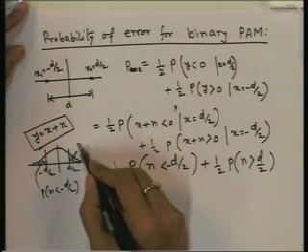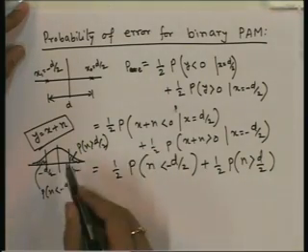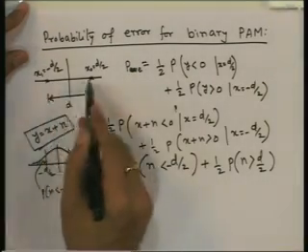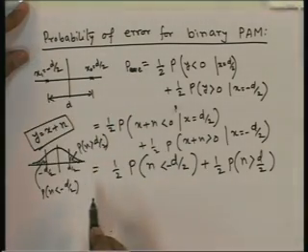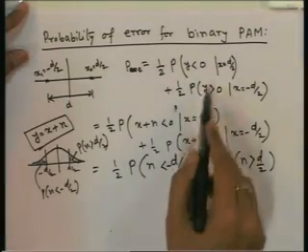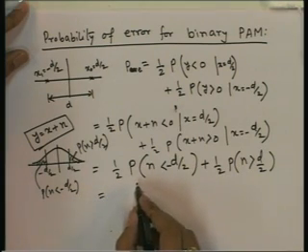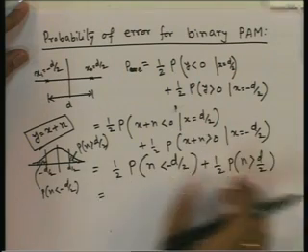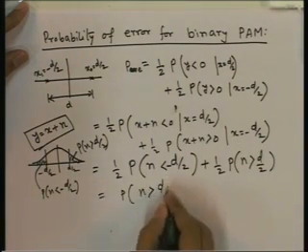Both are same because the noise is symmetric. So, for symmetric noise and such a symmetric signal set, the probability of error for this will be same as probability of error for this. Half times this plus half times the same thing, so we can write only the term probability of n greater than d by 2.